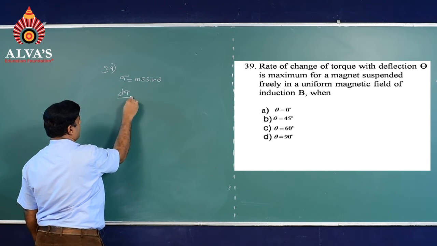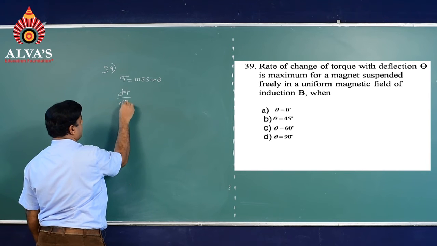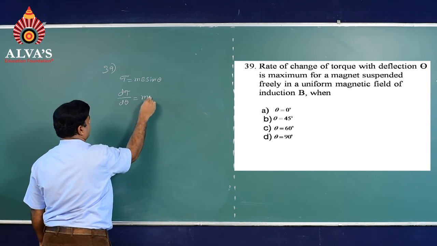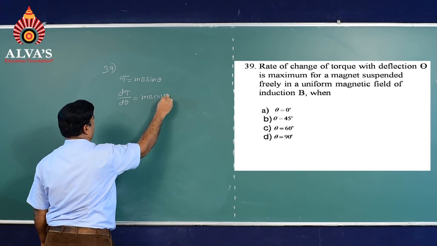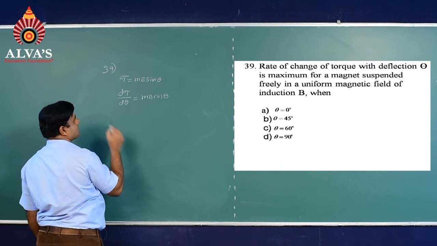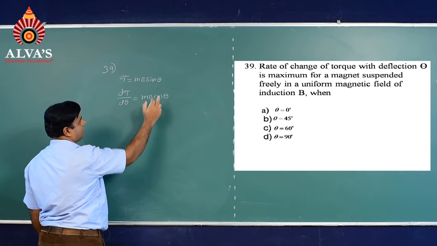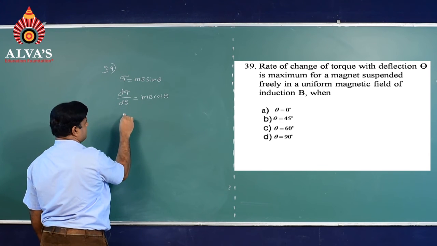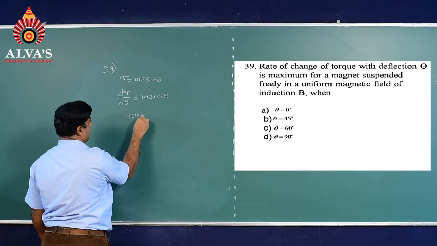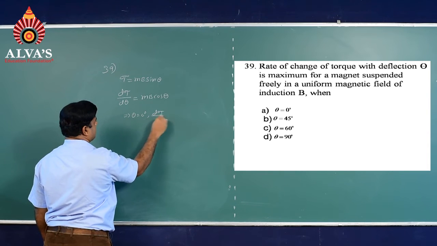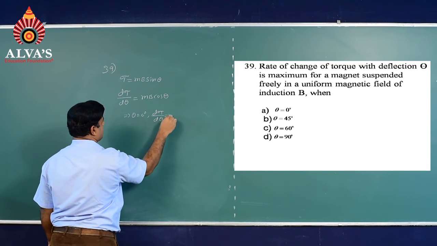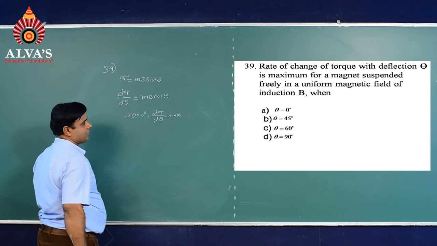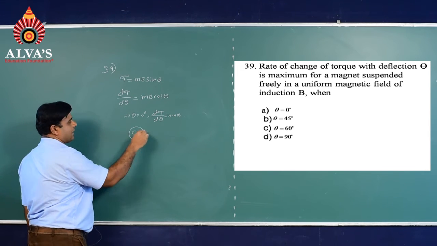Rate of change of torque, d tau by d theta, is nothing but mB into cos theta. This is maximum whenever cos theta is maximum. Cos theta is maximum when theta is 0 degrees. So, when theta is 0 degrees, d tau by d theta is maximum. So, the answer should be A.